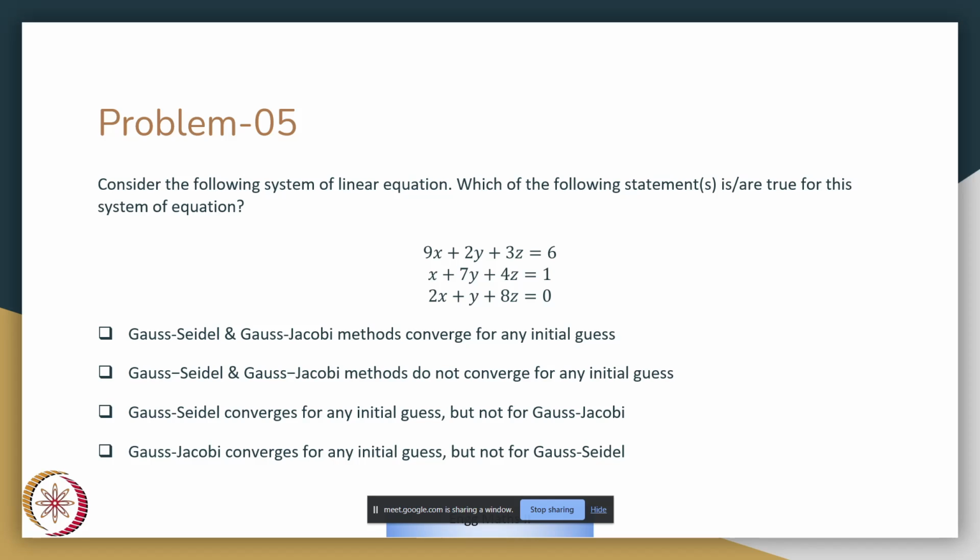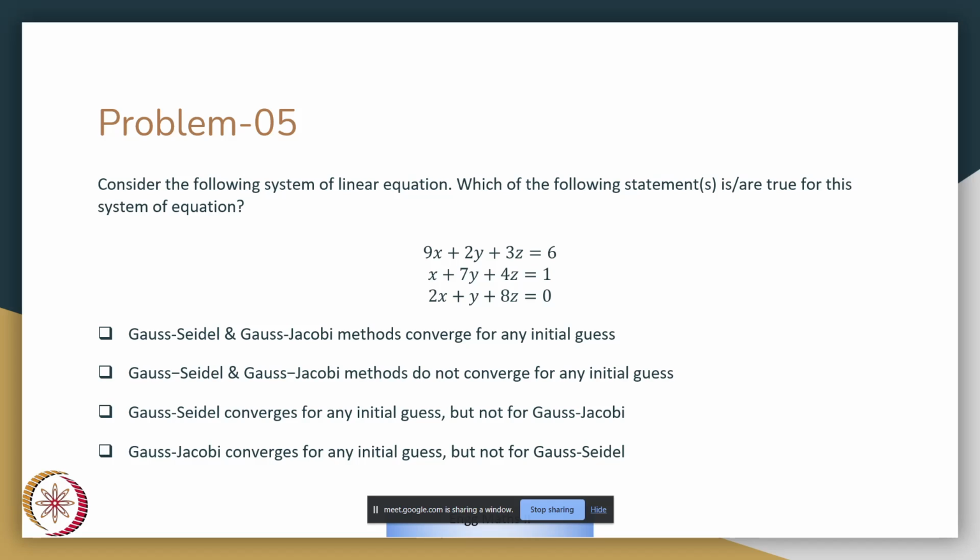From convergence theorems, we have a few conditions which we can use. The most straightforward out of them is finding if the coefficient matrix for this given system of linear equations is strictly diagonally dominant or not. In this problem, we essentially want to find whether the iterative methods, Gauss-Seidel and Gauss-Jacobi, are convergent for any initial guess or not.